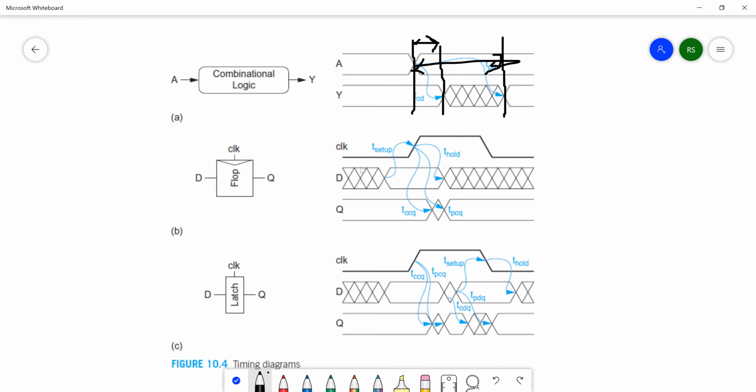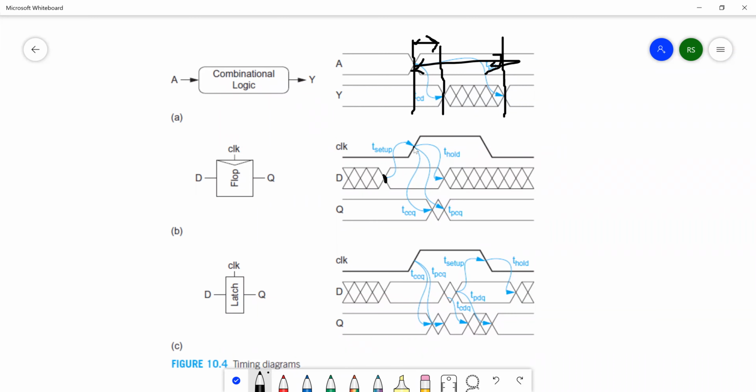The input is at some value, we don't know what, then it settles to the final value. This settling should happen at least T setup before the clock edge. You're not allowed to change the input after this point. That is the setup time constraint. The difference between the clock 50% and the final value of D settling is your setup time.